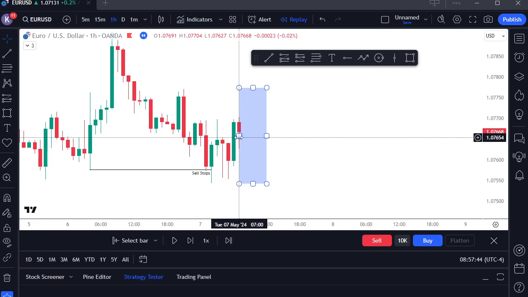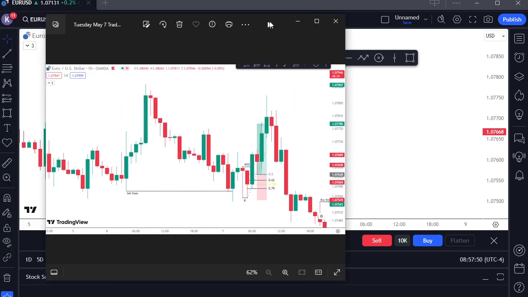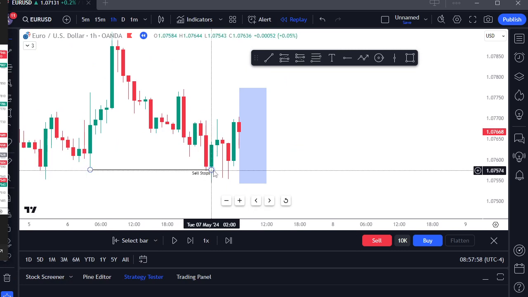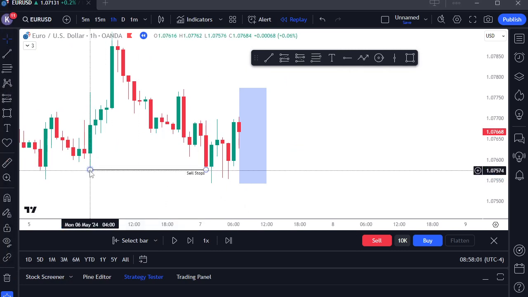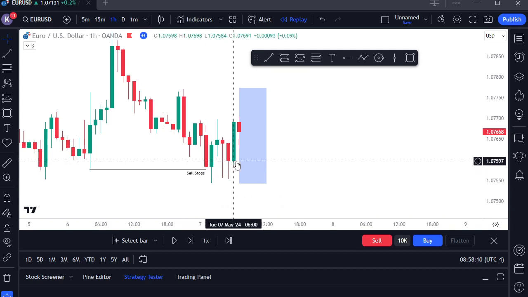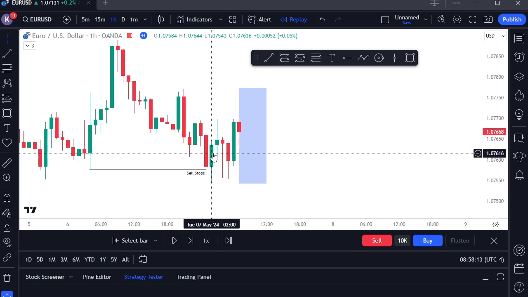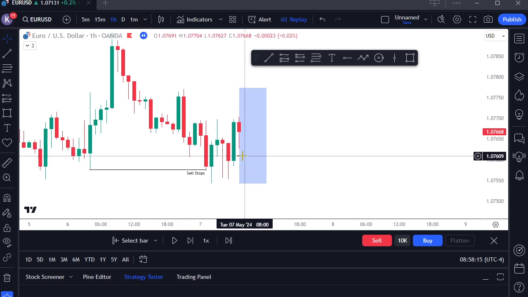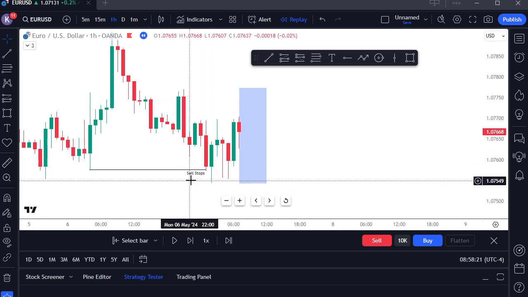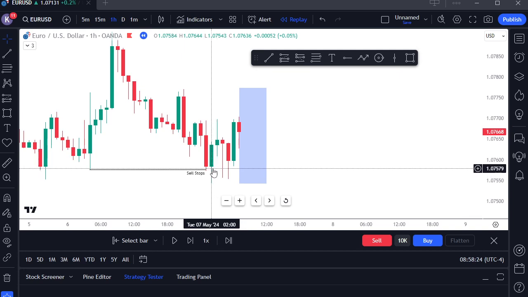And if I'm being completely honest with you guys, I don't entirely know what was going through my mind when I marked out this 1 a.m. sweep, because as you can see, there's these sell stops and they got swept at 1 a.m. And to be completely honest, a lot of these trades I took and I did technical analysis for all of them while I was like 75% asleep.